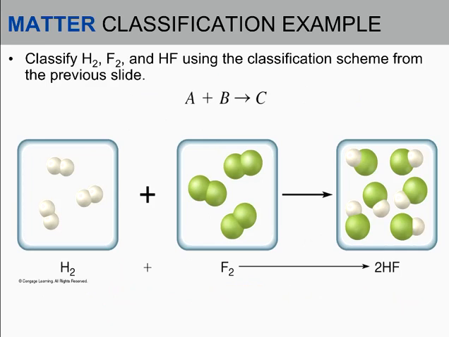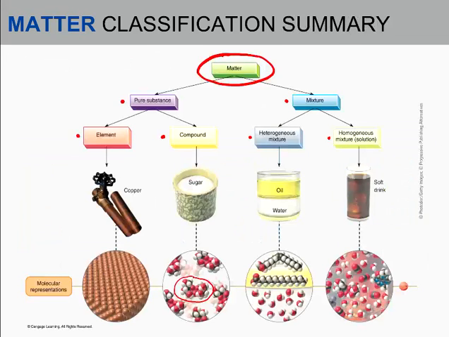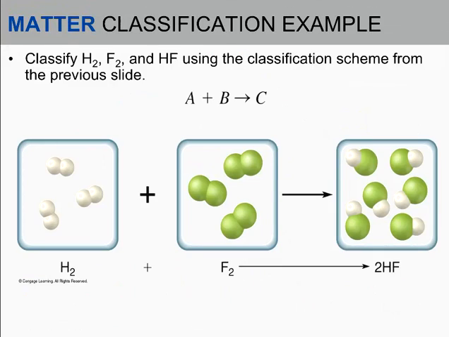So let's go over an example. Here we're going to try to determine whether these molecules are a pure substance or a mixture, and then we're going to determine, do we have an element, a compound, a heterogeneous mixture, or a homogeneous mixture. So in this example, on the left we have hydrogen, and you'll notice that there are two hydrogen atoms within one molecule.